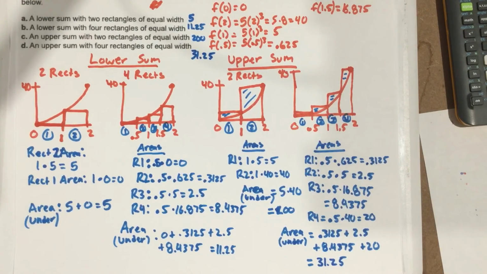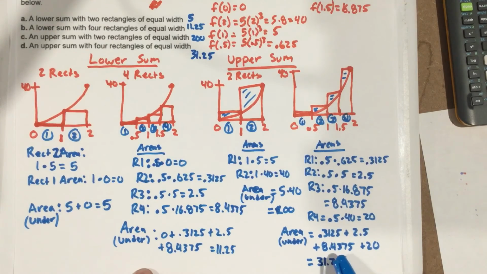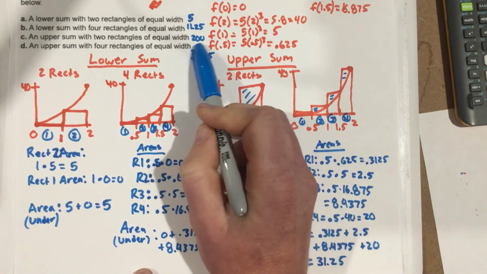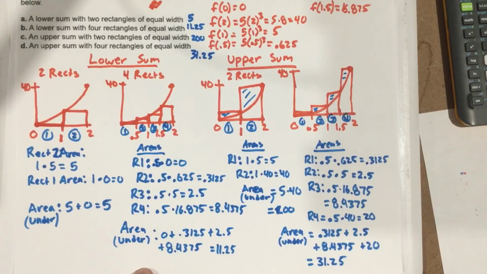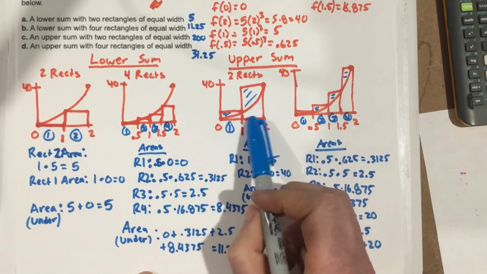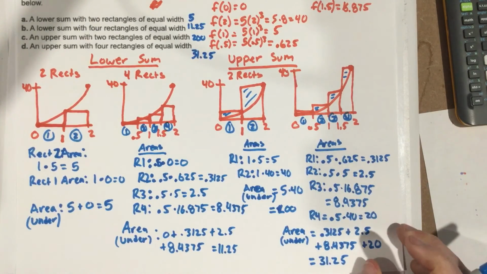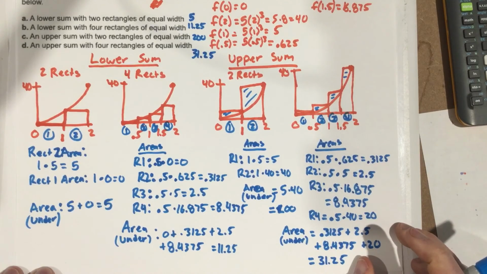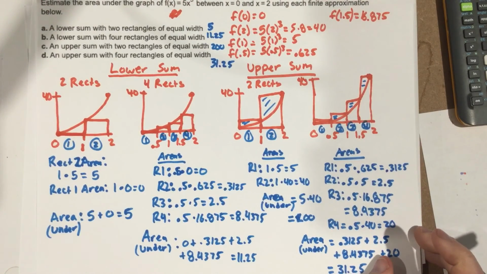So you can see this estimation here is a much better estimation than our 200 estimation that we had for the two rectangles. 200 for the two rectangles, that was much larger than the 31.25 we just got.